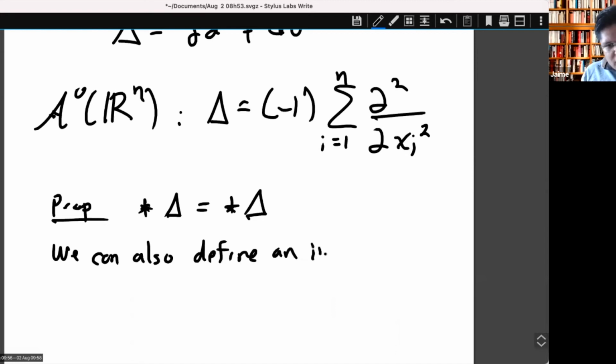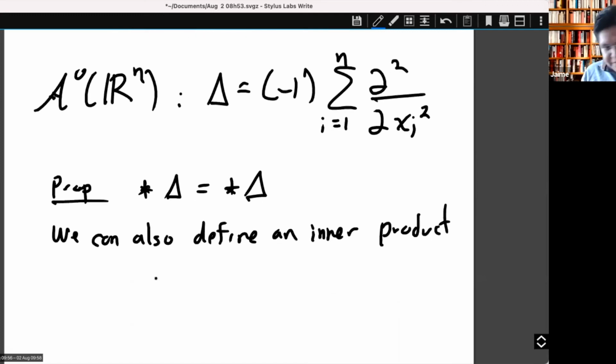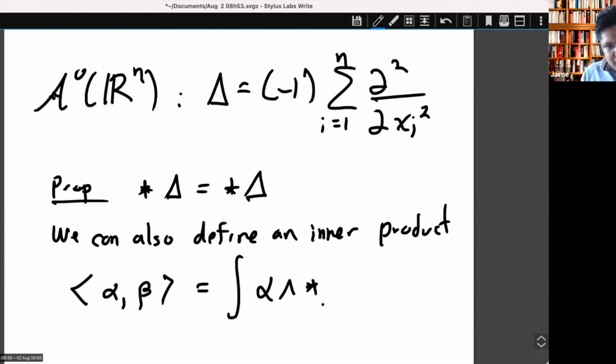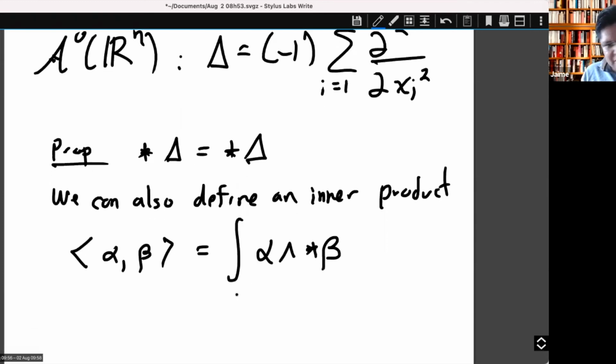And then we can define an inner product by, let me see, you take two forms, alpha and star of beta, and integrate over there, okay?